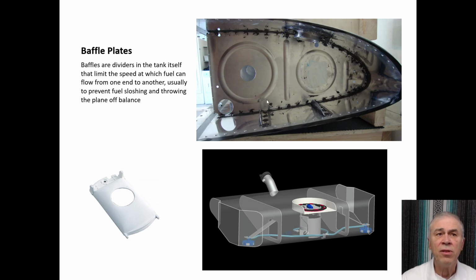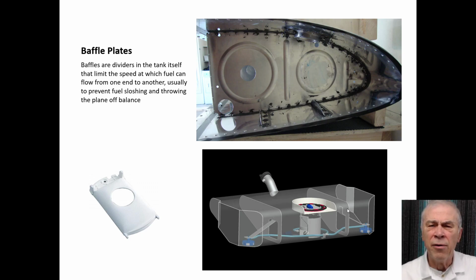You'll also see these little baffle plates. Here's opened up a part of the wing which was used as a fuel cell, and you can see the little baffle plates attached so that if there was fluid here, it wouldn't just flow very easily from front to back. It would have to pass over these baffle plates.